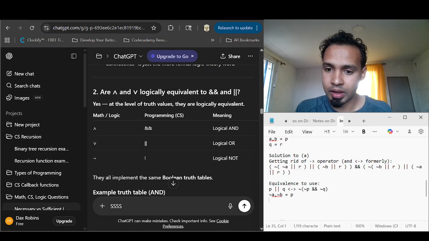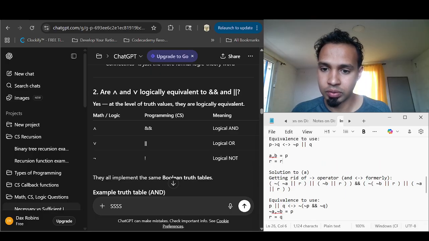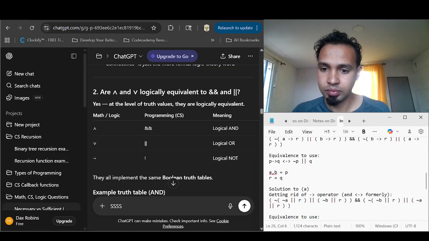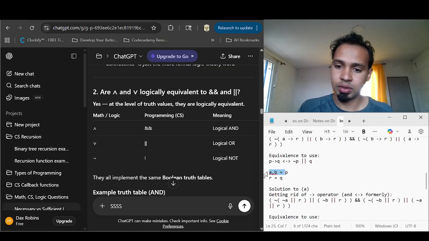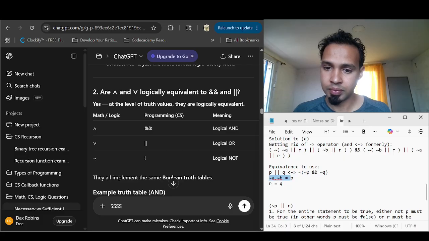And then Q or R equals Q, basically. This should be R equals Q, like so. Technically, I should do P equals A comma B, and then Q equals R. Here, it's a little different.